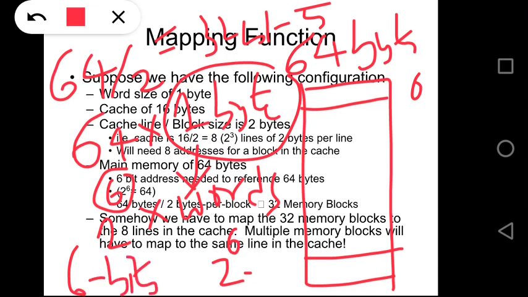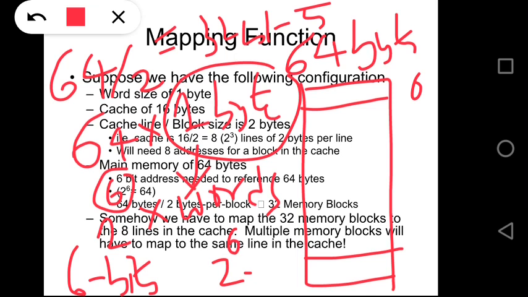We are referring to 64 bytes and 32 memory blocks. Somehow we have to map 32 memory blocks to 8 lines in the cache. The processor issues an address of the memory blocks, and the goal is to map these 32 memory blocks to 8 blocks.